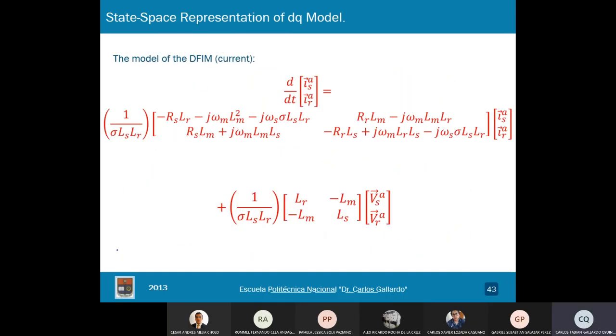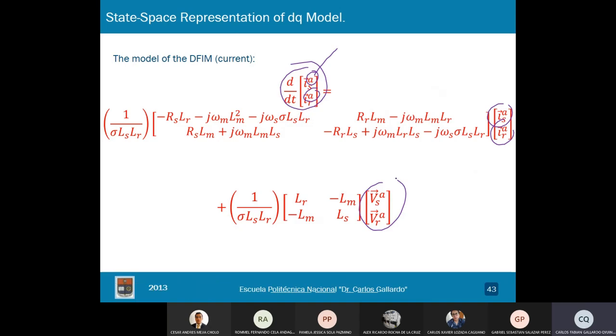So for the current, I will have here the derivative, once again represented in the synchronous reference frame. The current in the synchronous reference frame and the voltage in the synchronous reference frame.